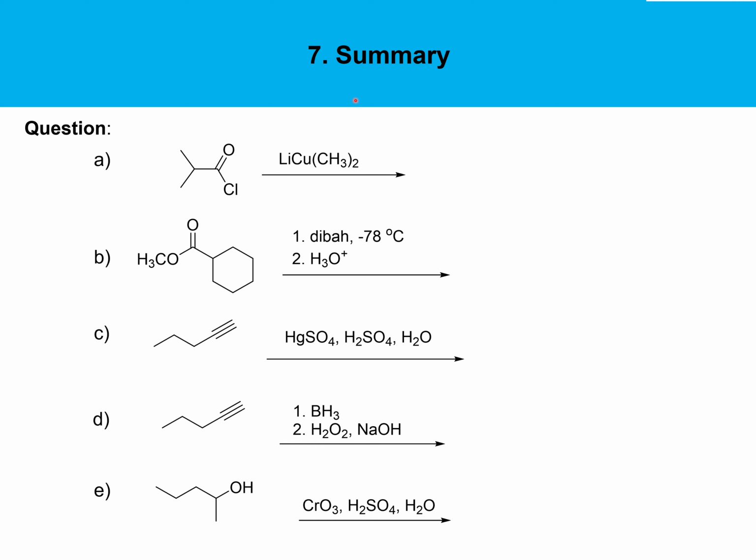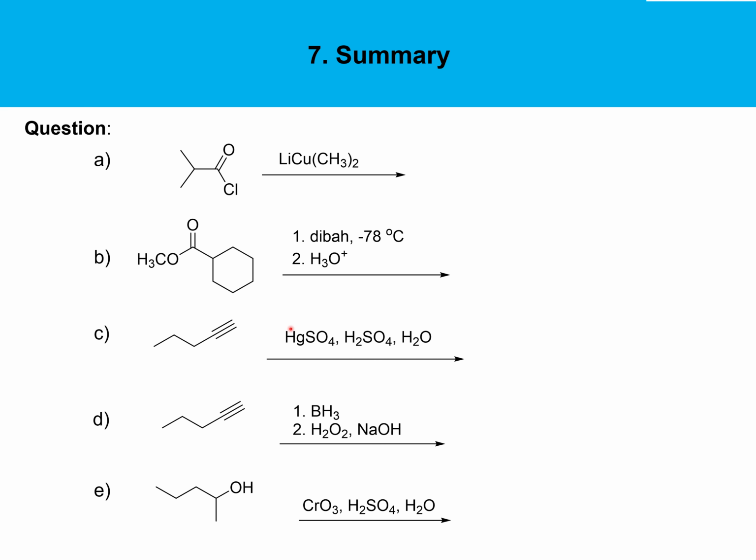Let's summarize this chapter by looking through some of the reactions we learned about. In this first reaction, we have an acid chloride, and we're adding a Gilman reagent. In the second example, we're starting with an ester. We're adding DIBAL at negative 78 degrees and following that up with aqueous acid.